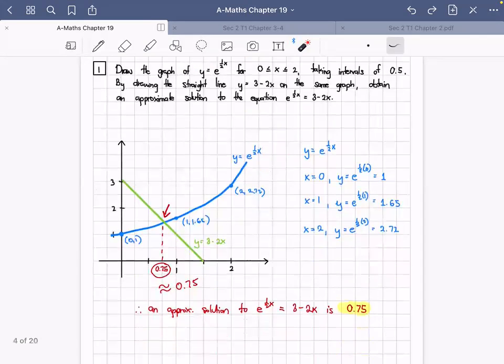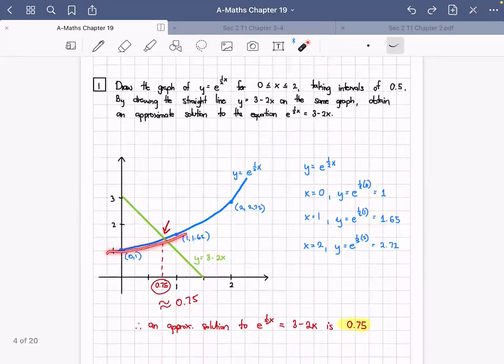So basically, how did we draw this graph again? This curve, by using 0, 1, and 2 as our x values, class. And then getting the y values, we just need to plug the x value in place of x here.